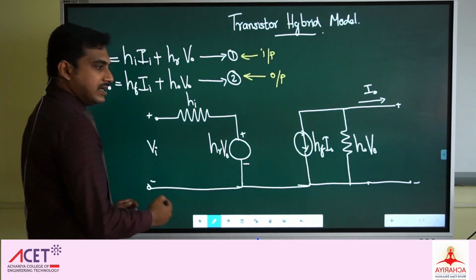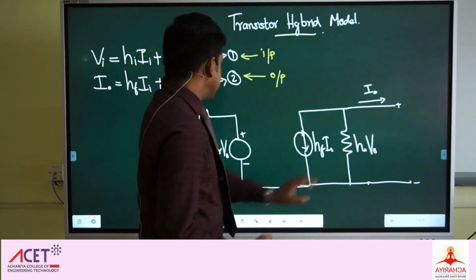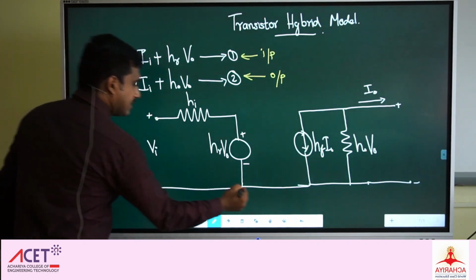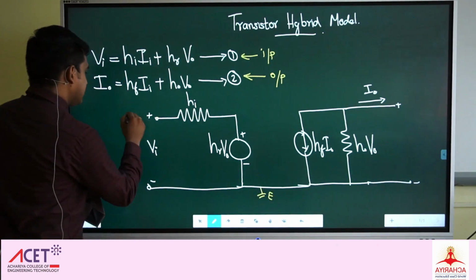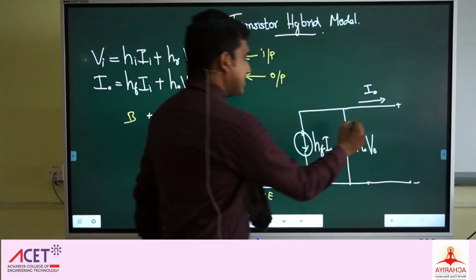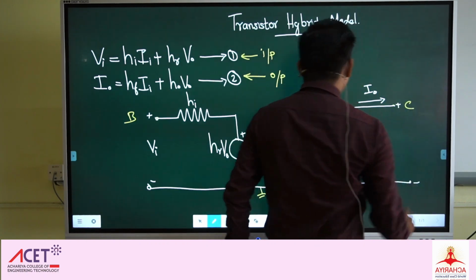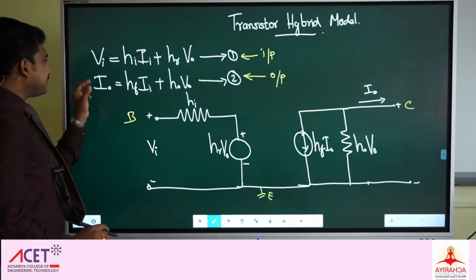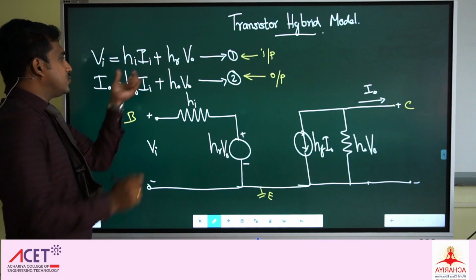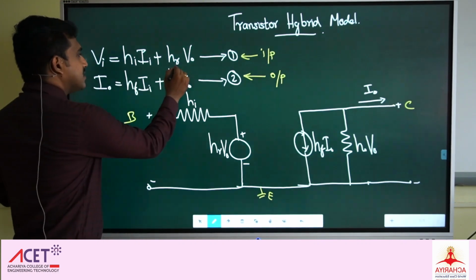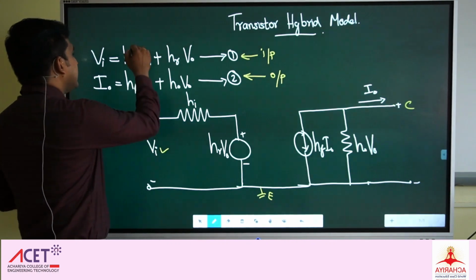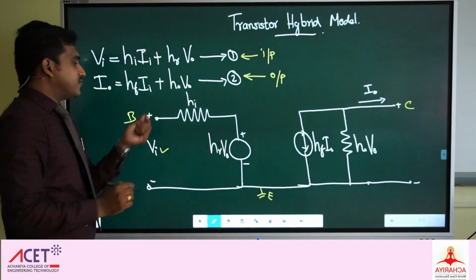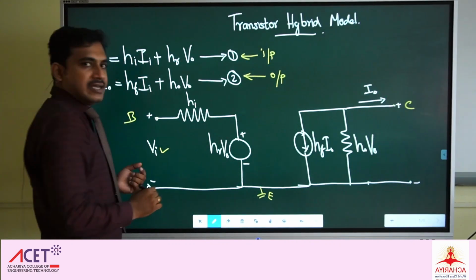This is the input side, this is the output side of a transistor. Consider this as the emitter terminal, this is the base terminal, this is the collector terminal of a transistor. See, Vi is equal to Hi Ii plus Hr V naught. Hi is the input impedance. That's why we are putting a resistor here in the input side.